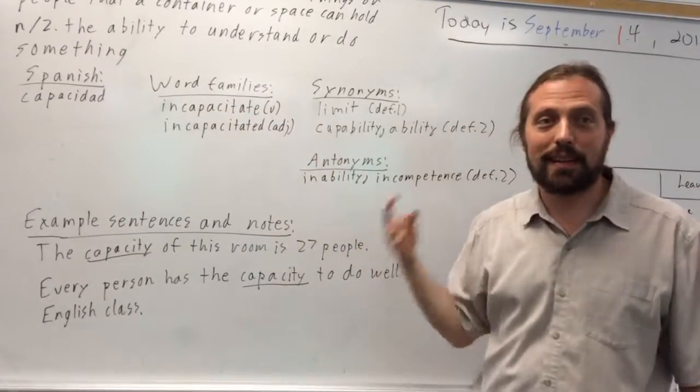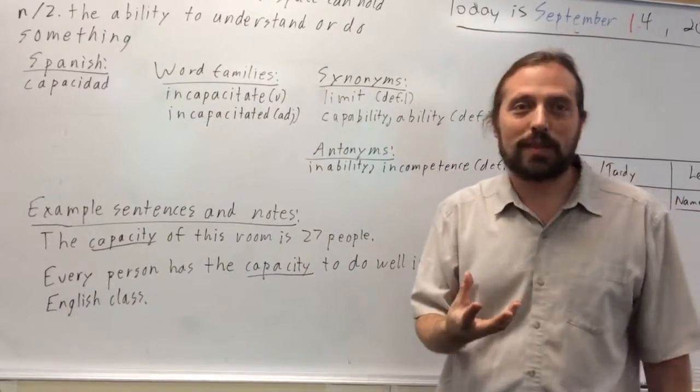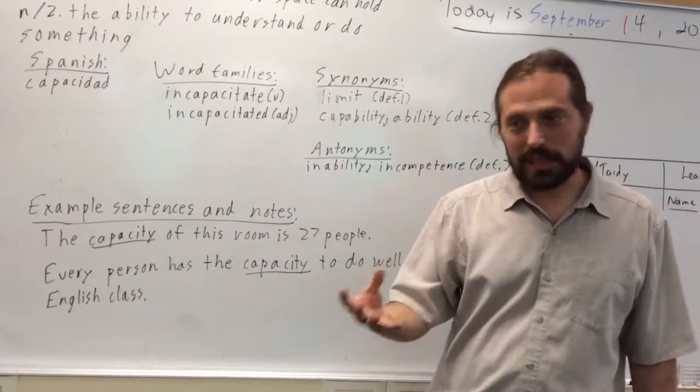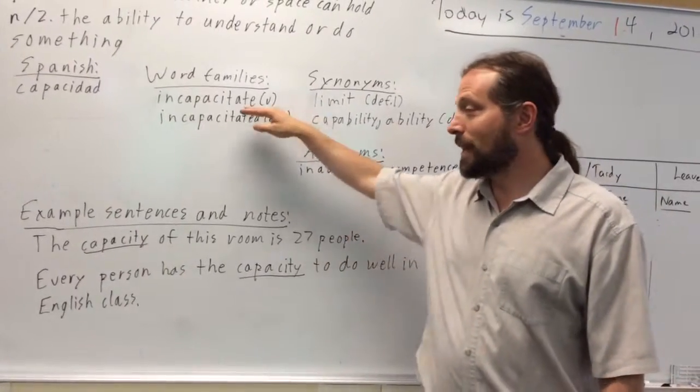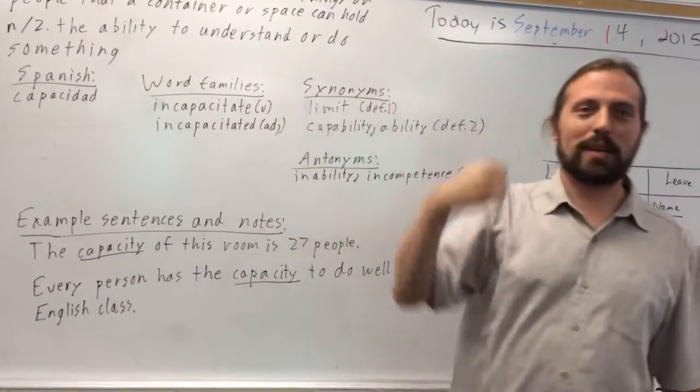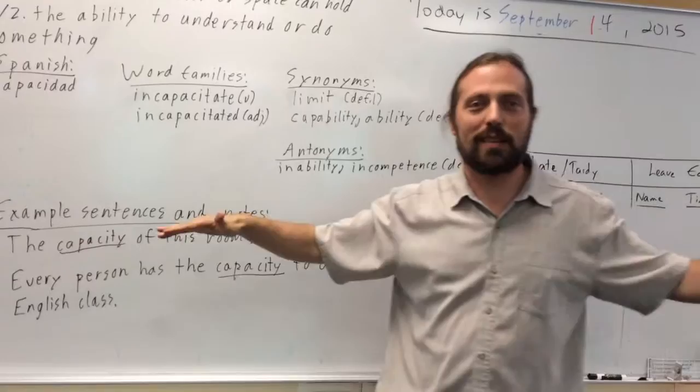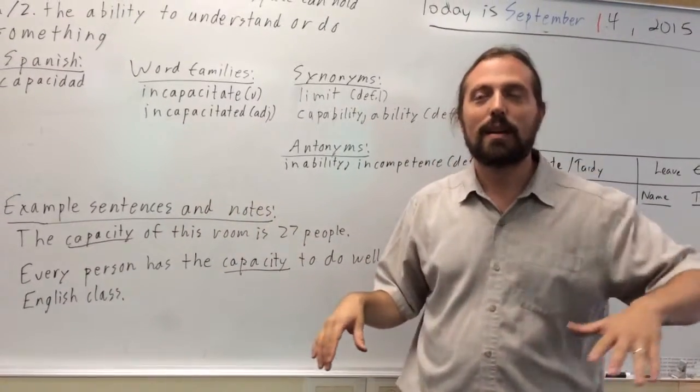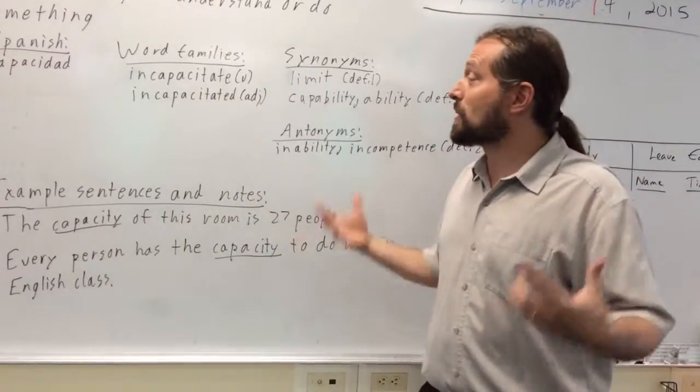To incapacitate is like to attack somebody or something and take away their ability. Often it means to make somebody unconscious. In a boxing match, if somebody hits somebody in the head and the boxer is unconscious, we could say they incapacitated him. Or at least the person can't move anymore.